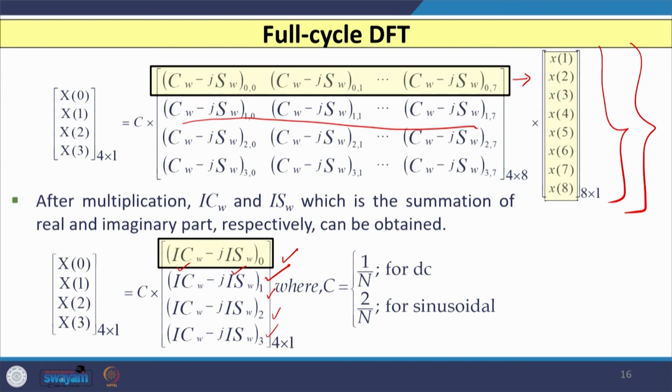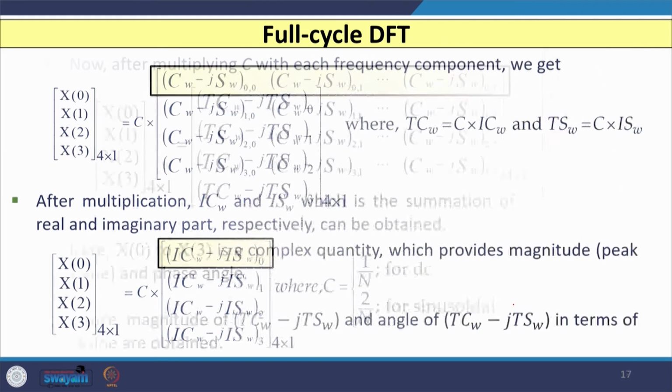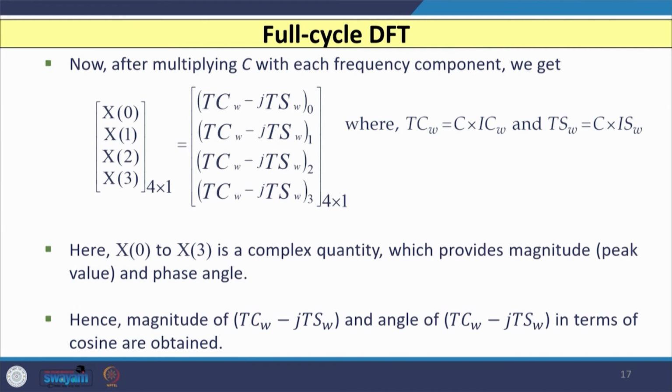Now, the next task is to multiply this ICW and ISW with the scalar value C, and C we have already defined: for DC it is 1 by n and for sinusoidal it is 2 by n. So, if you multiply this value of C with ICW and ISW, then you will have, let us say, TCW and TSW in the first, second, third and fourth rows.